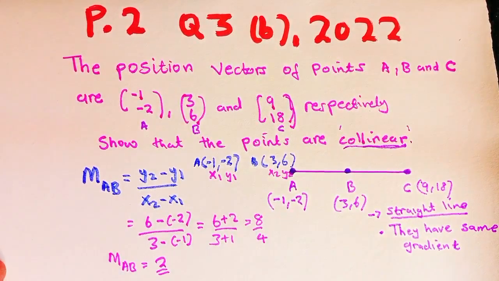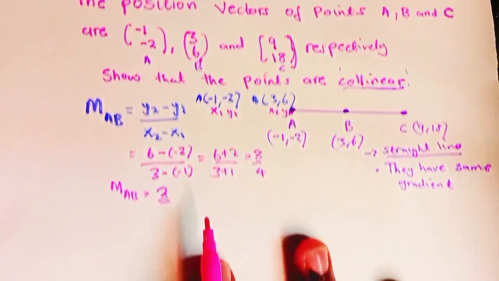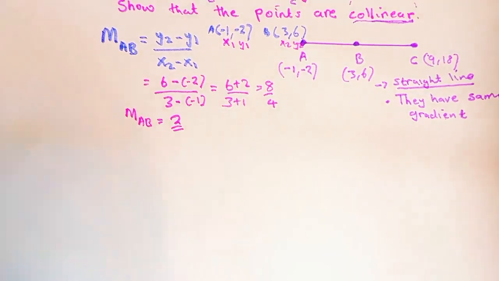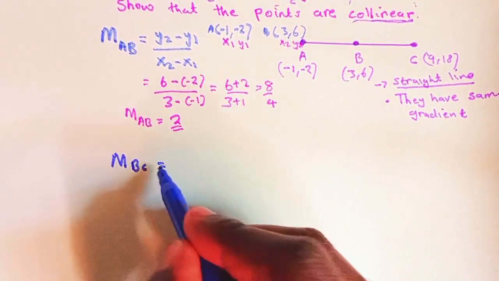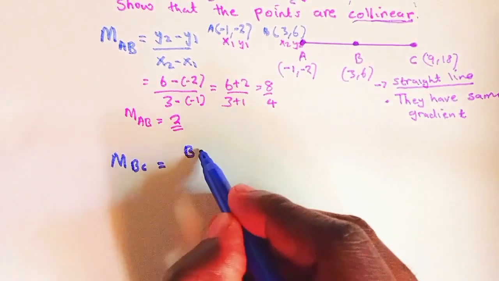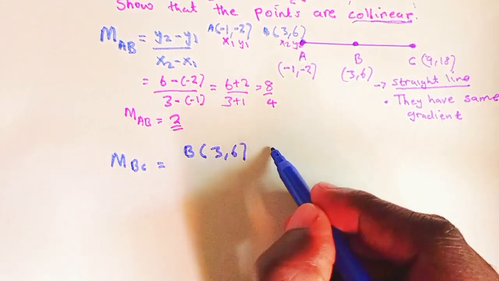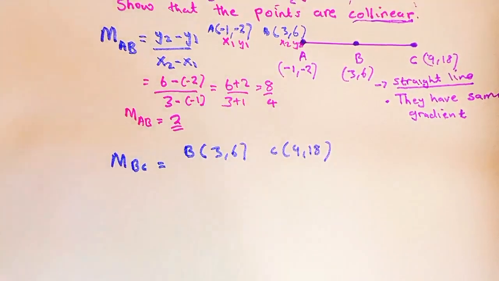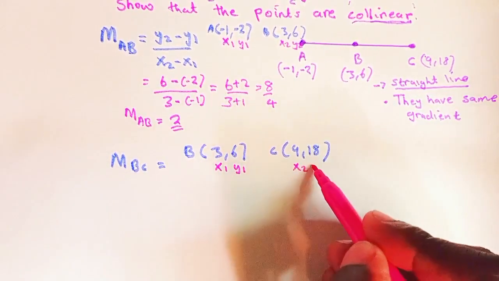Now we need to find also the gradient for BC. B is (3, 6), C is (9, 18), and we are just going to do the same thing. This is x1, y1, and this will be x2, y2.